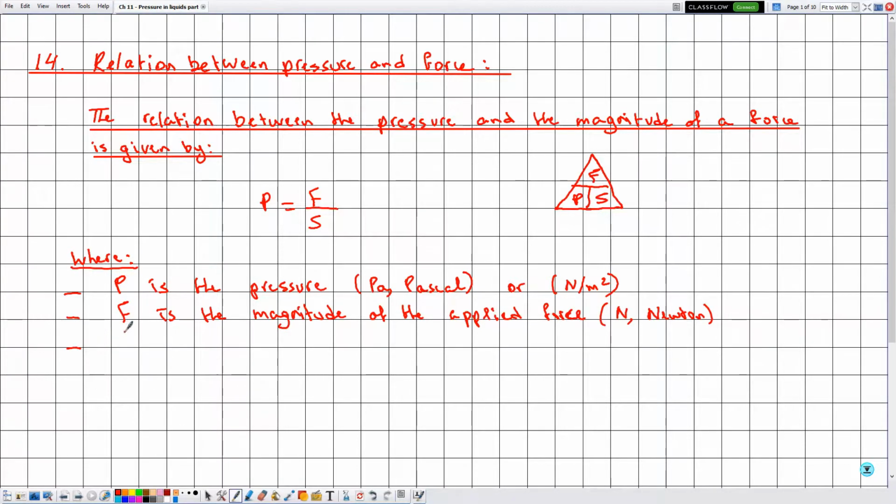Moreover, S is the surface area, and its SI unit is meter square. Usually this force is referred to as the pressing force, and this surface area is also referred to as the cross-sectional area.